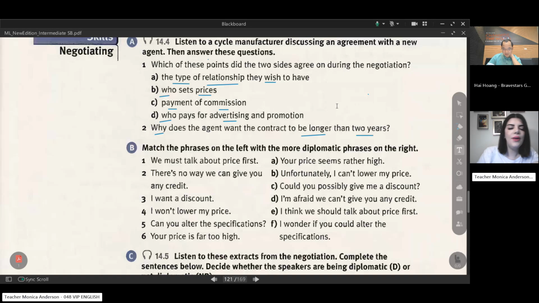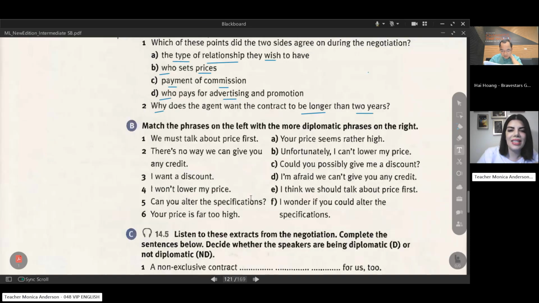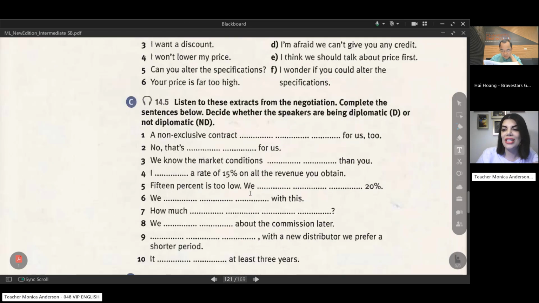Well, okay. Let's keep going and listen to fill in the blanks. So listen to these extracts from the negotiation. Complete the sentences below. Decide whether the speakers are being diplomatic or not diplomatic. So we say that it can be more formal, more polite, especially we use indirect questions to be diplomatic.